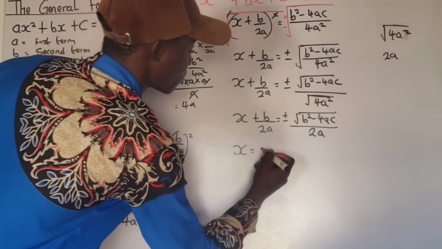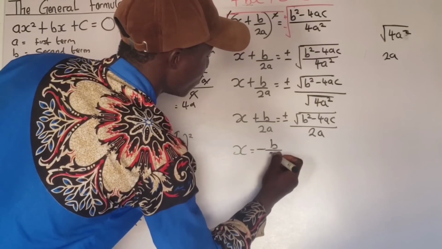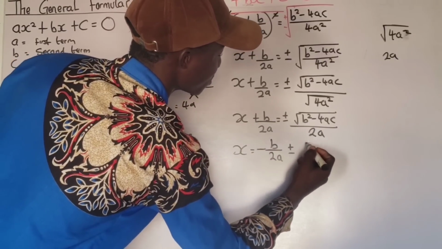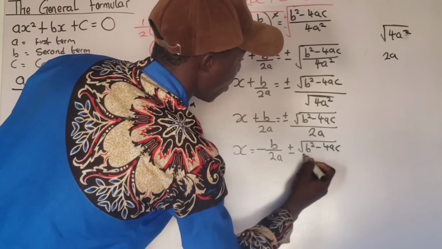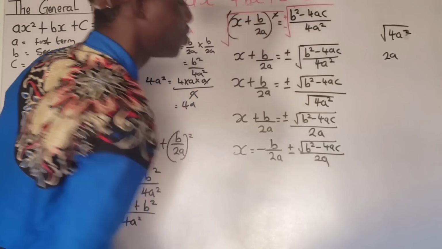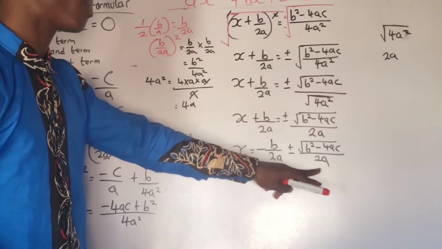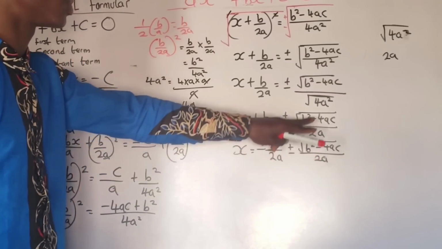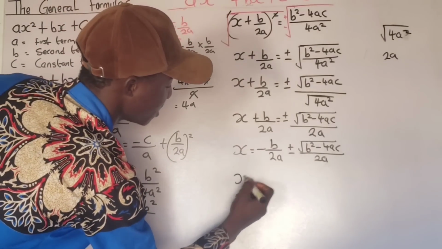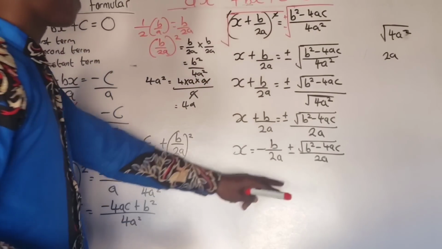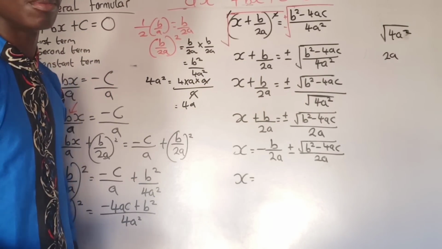So I'm going to have negative b all over 2a plus or minus square root of b squared minus 4ac all over 2a. Do you know how I come about 2a? I just take the square root of 4a squared. So here I'm going to have x equals to, from this point we are going to take the LCM.